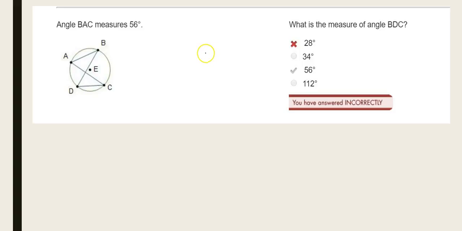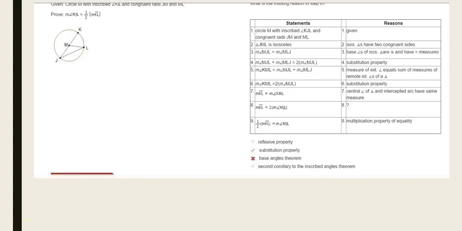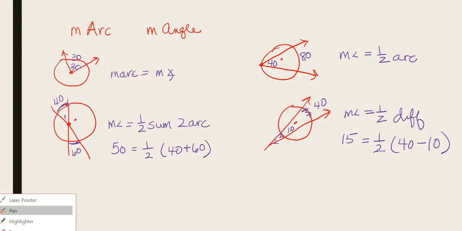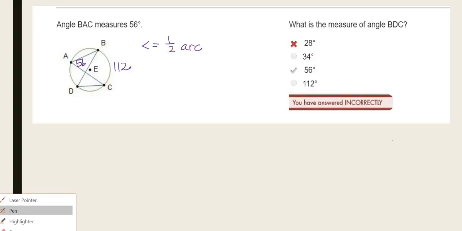So going back to your quiz here, the first thing they're telling you is that angle BAC is 56 degrees. Since this is on the circle, the relationship between this angle and this arc is that the angle is equal to half the arc. That means this arc here has to be 112. Now, the question that you're being asked is what is the measure of angle BDC?